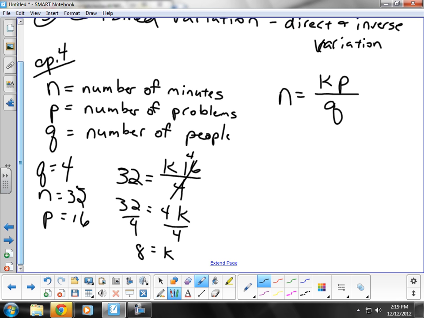So my equation that I'm actually working with is N is equal to 8 times P divided by Q. I divided 4 into 16 and got 4, so I had 4K, and I divided both sides by another 4. Now I divided it out.